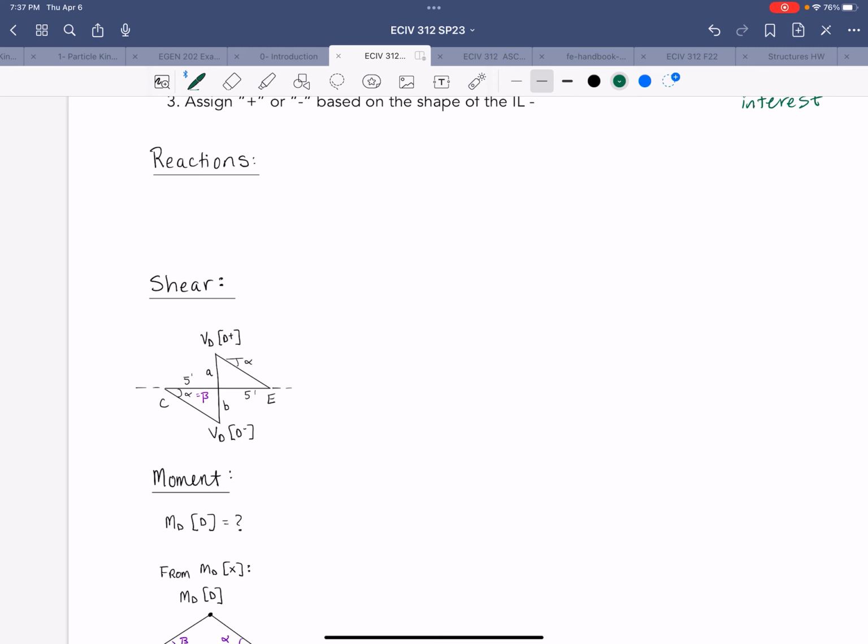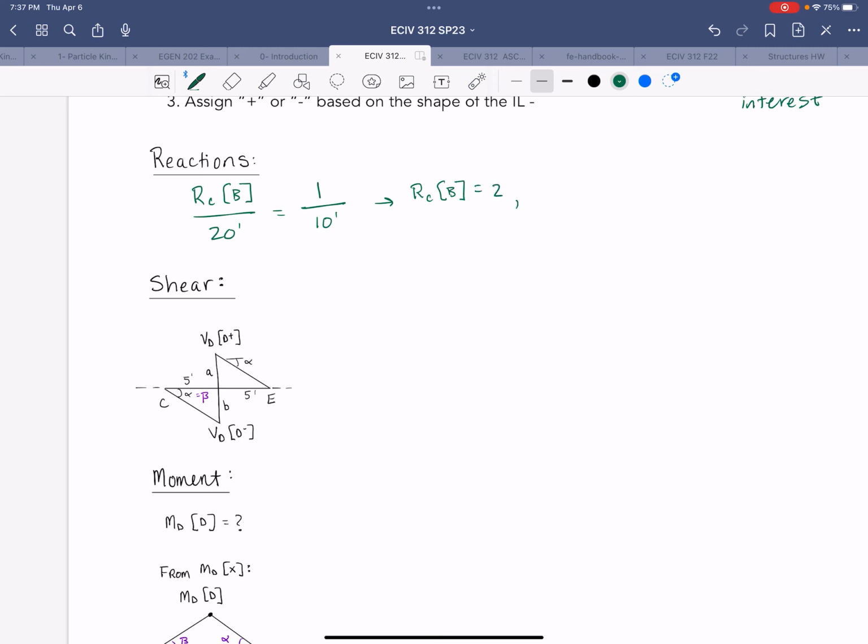So to find B, we'll say the reaction at C when the unit load is at B over 20 feet should be equal to 1, which is the value at C, divided by 10 feet. So the reaction at C when the unit load is at B is equal to 2.